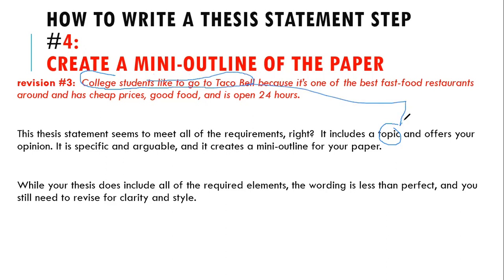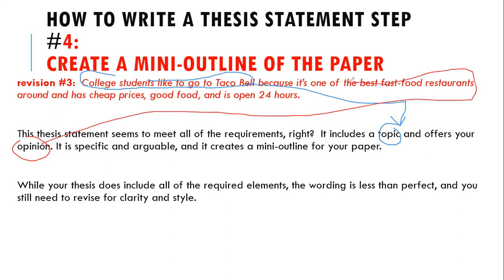That is our topic. We have now the second part of a thesis statement. We can call it the opinion or the focus. The opinion is we say that it's one of the best fast food restaurants around.